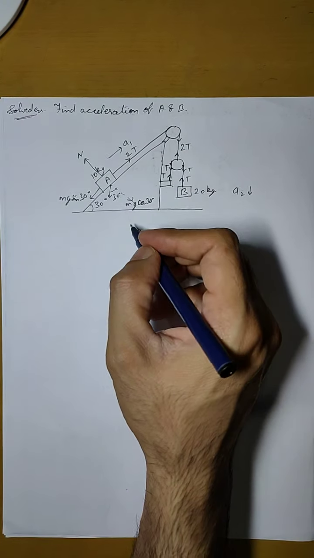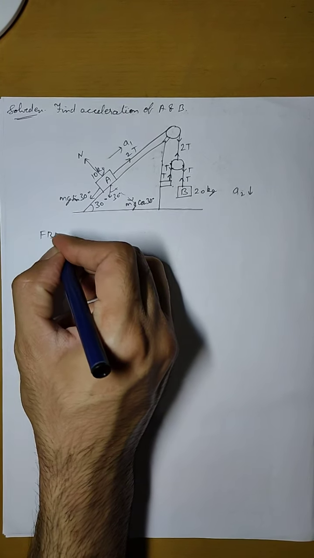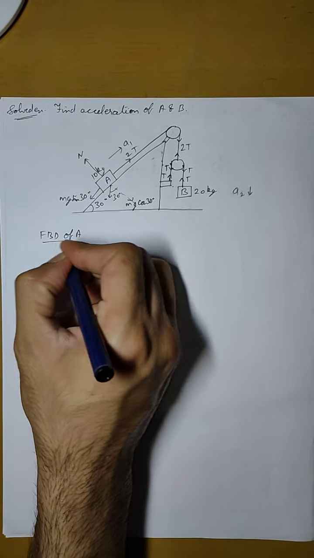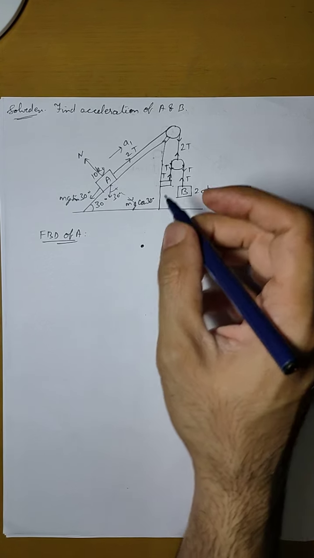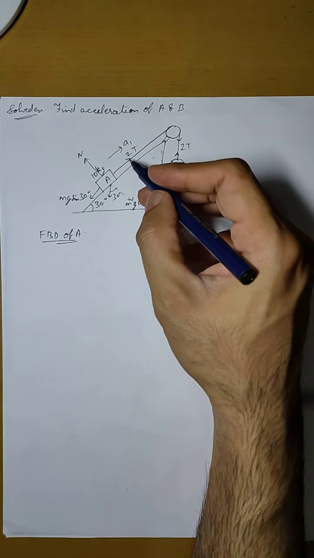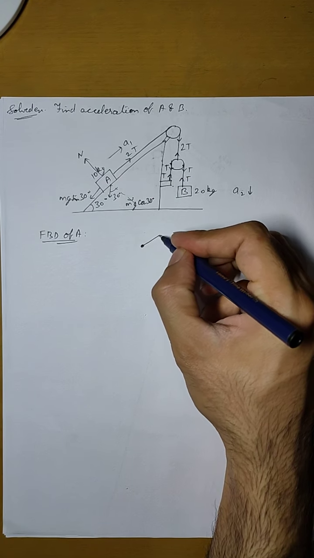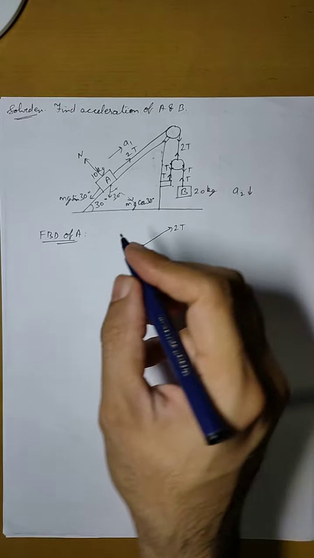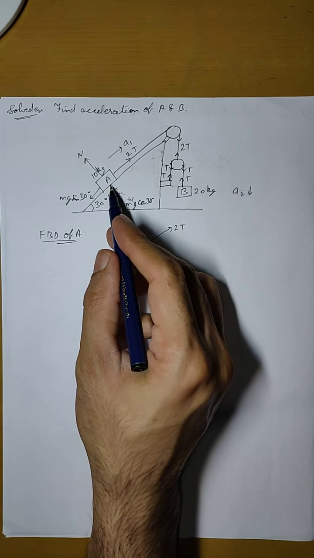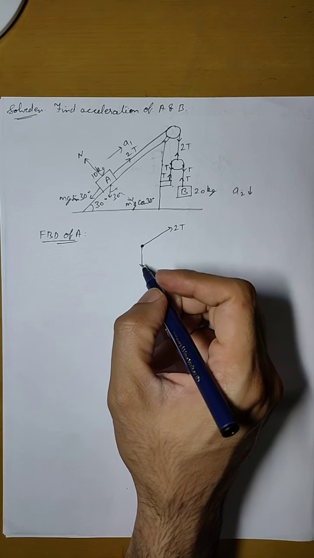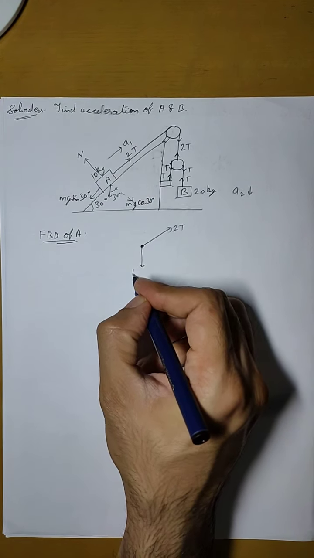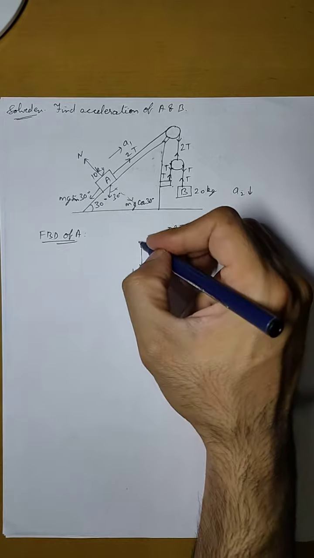Now if we make a free body diagram of A, then if this point is A and it is moving in this direction under the force 2T, you can make it like this. Its weight is in vertically downward direction. It is given as 10, so it will be equal to 10g.